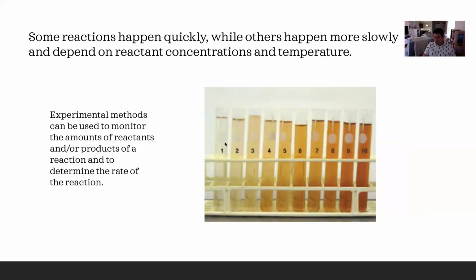The last one is a reaction that changes a shade of color over time. All right, so we see 1 through 10, the reaction steadily gets darker. You can kind of eyeball this if you wanted to. You can set up standards to look at it against, but you can also use the Beer-Lambert law, right? So you can measure the amount of light that's going through the solution versus time.